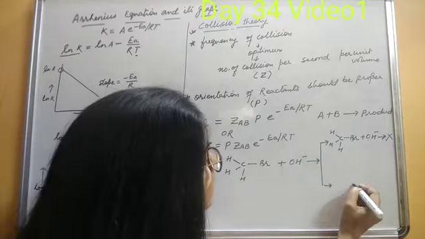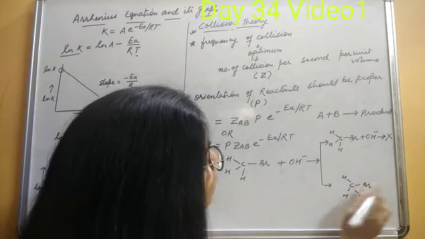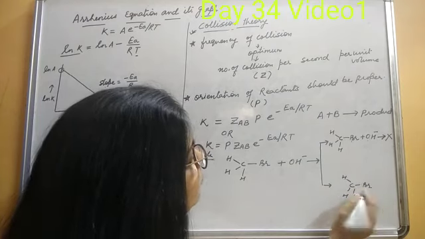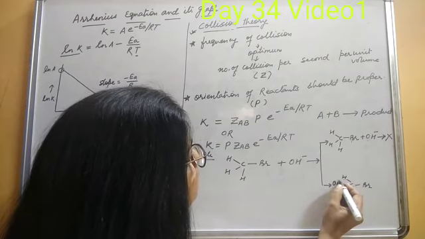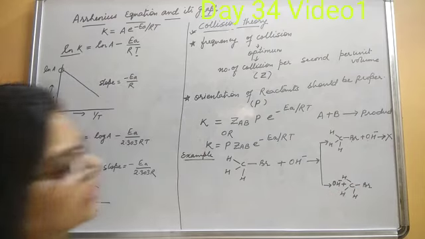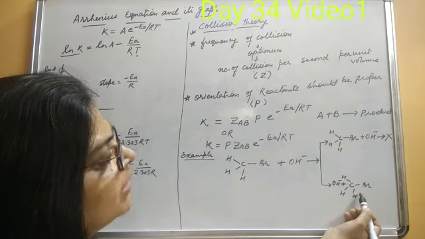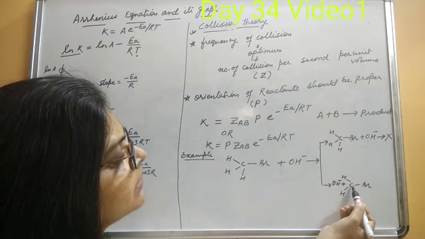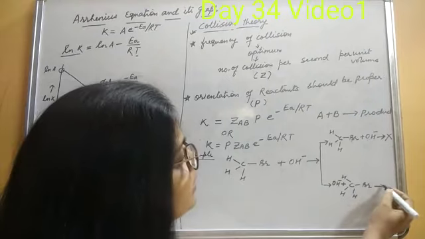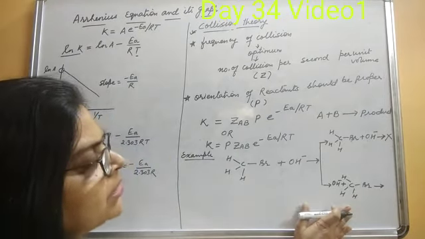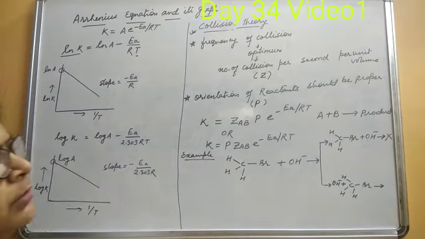So what is proper orientation? Proper orientation is this: they have to collide in such a way that OH negative ions collide with the carbon atom of methyl bromide directly, and then only product will be formed. These are fruitful collisions. Here the orientation is proper and the frequency of collision is optimum, so product will be formed.